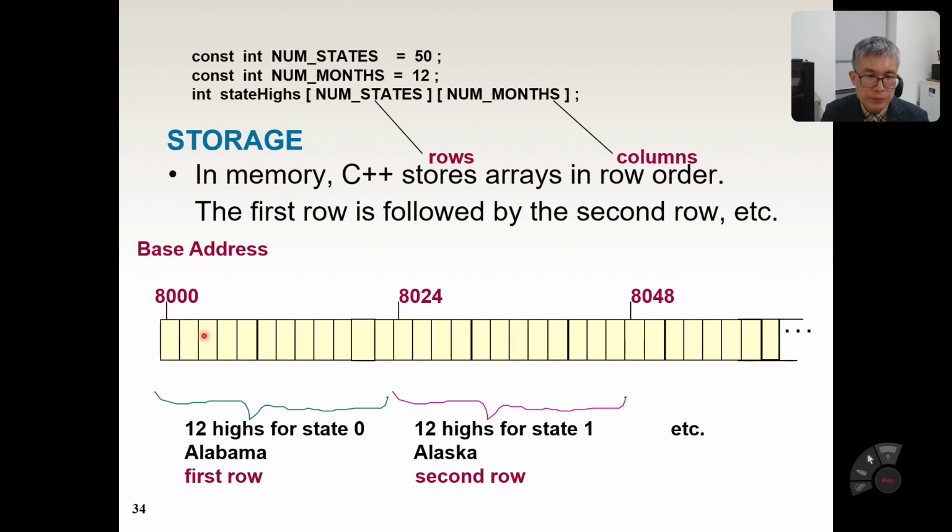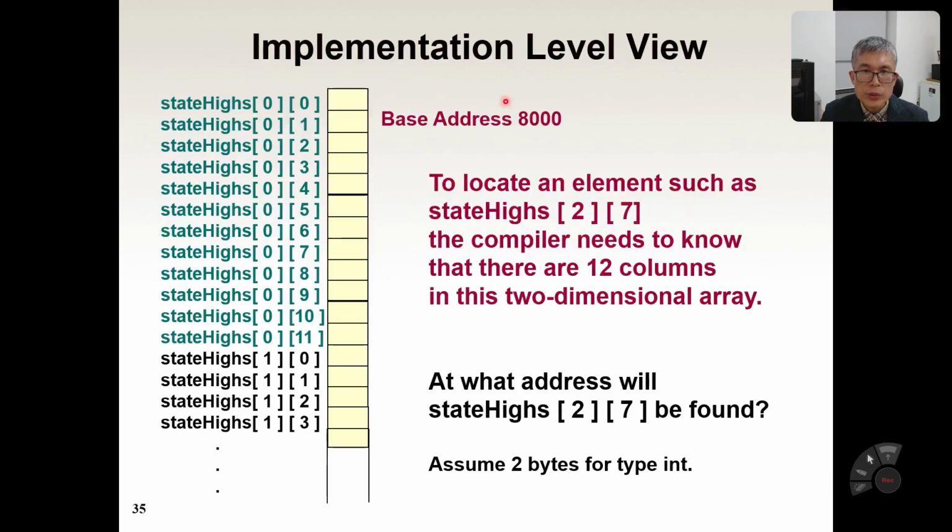Okay, so the first state is stored here, the second state here, something like that. We can group like that. So in the low-level implementation, the base address, and then you can see the cells. The first index 0 means the first state, and then the second index is the 12 months of temperature, right? So we can calculate like this.